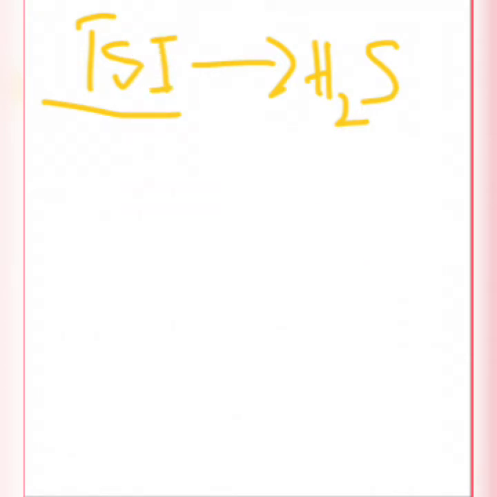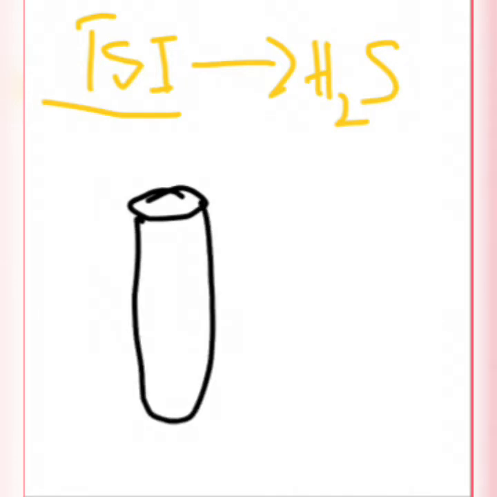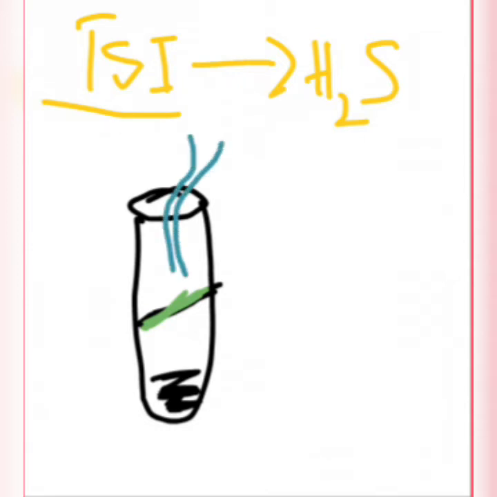And in this, what happens is we see an alkaline slant and we have an acidic part. But the particular feature of TSI in confirming that this organism is Salmonella is that it has H2S gas production.